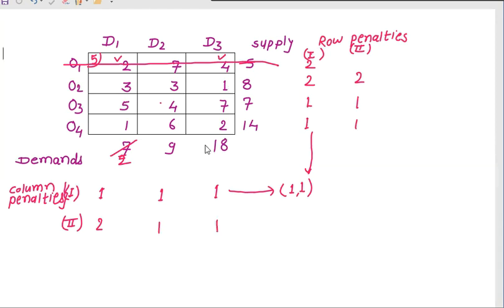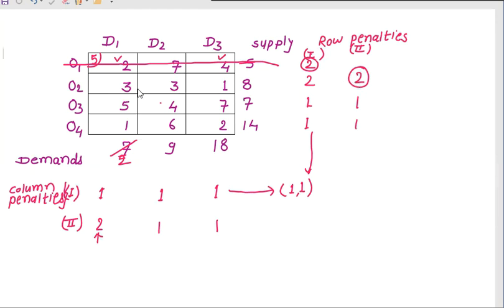So the largest penalty is now 2. It is for this row, second row, or the largest penalty is for the first column. So you can select the second row or you can select the first column. So let us select the second row.